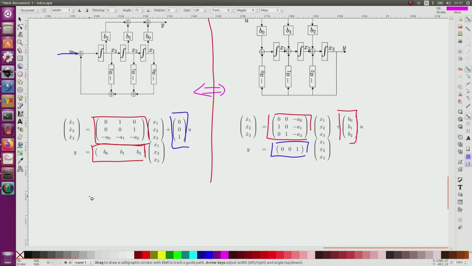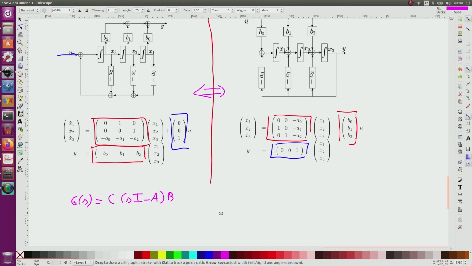It means, so how can I prove it? It suffices to notice that if I take the transfer function of the two of them, which is given by C (sI minus A) inverse B plus D, but in our case there is no D, in this situation, we of course get the same transfer function.